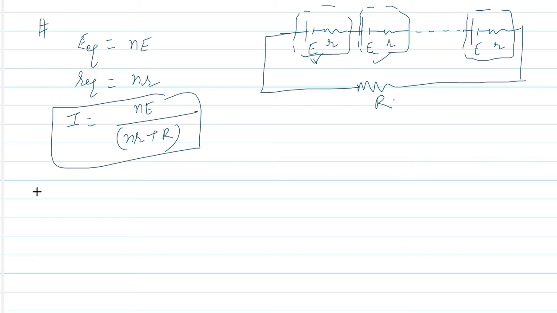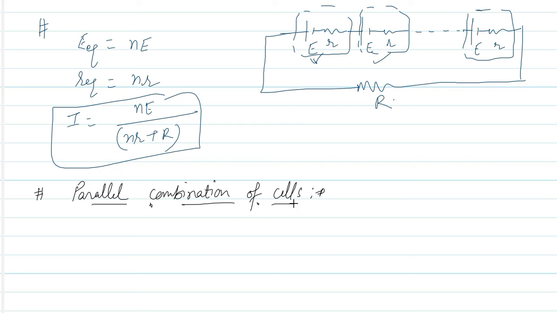Now here I am going to add one more thing that is related to parallel combination. Let's talk about the parallel combination of cells. You will find it quite interesting compared to the previous case.